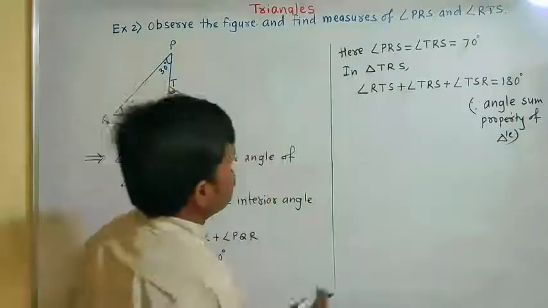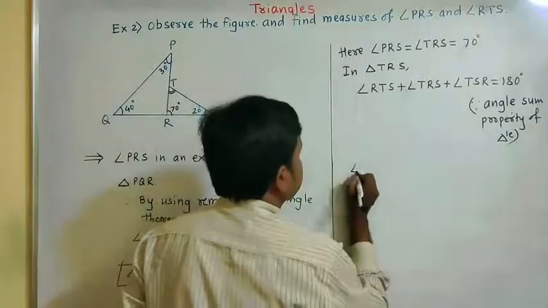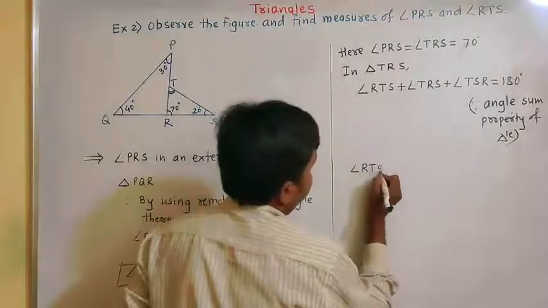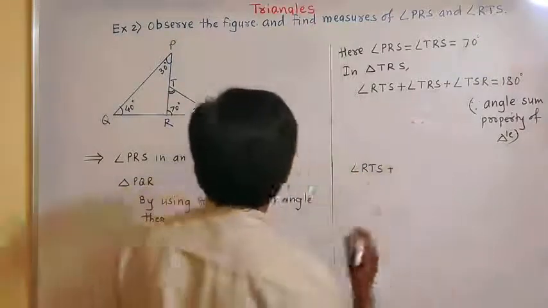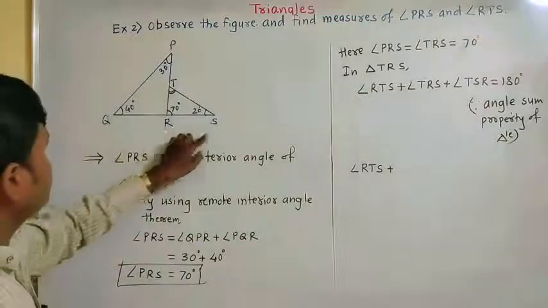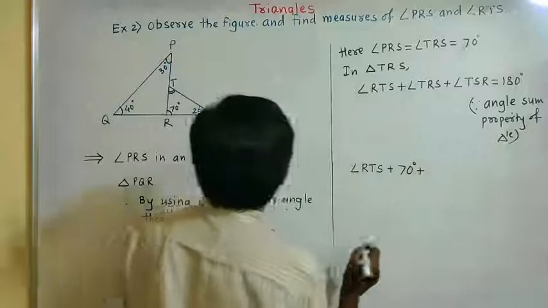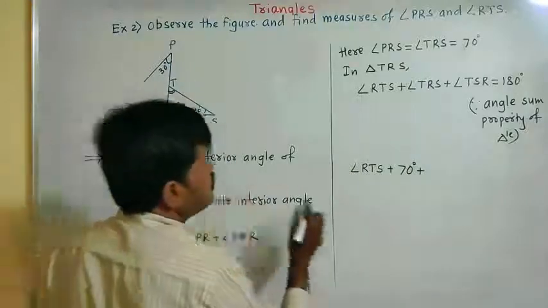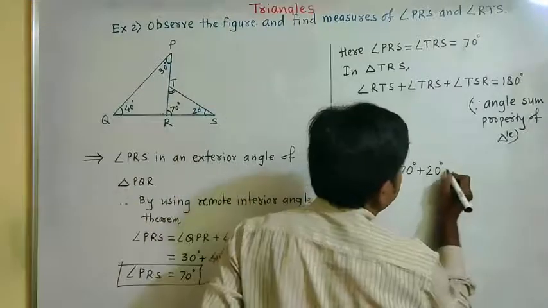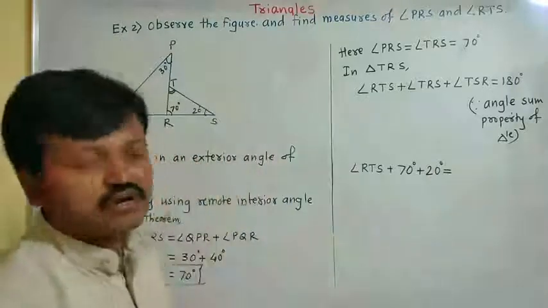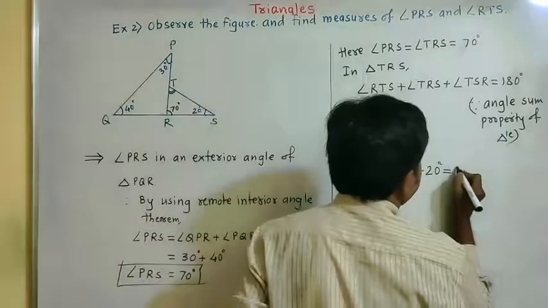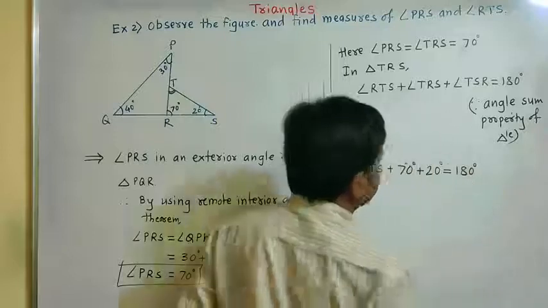Now put in the values. Angle RTS we calculate here, plus angle TRS, how much is it? It is 70 degrees, plus angle TSR, that is 20 degrees, is equal to how much? 180 degrees. Now simplify this.